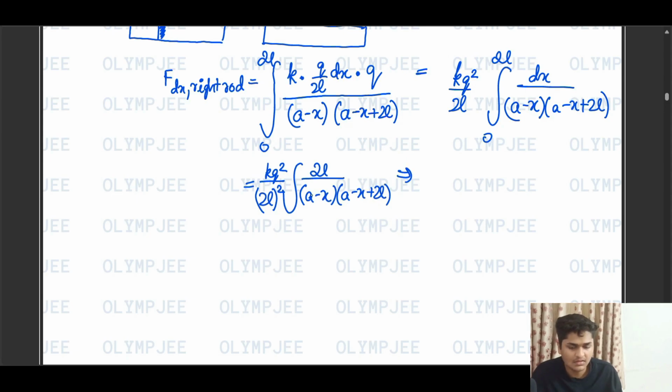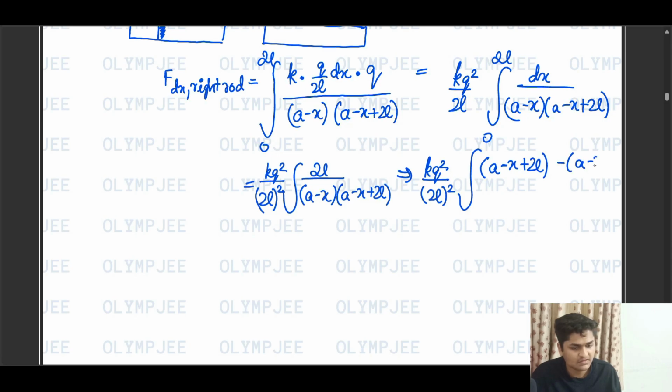Because the difference of this term and this term is constant, which is 2l. So we can write this as a minus x plus 2l minus of a minus x, which is the difference is 2l.